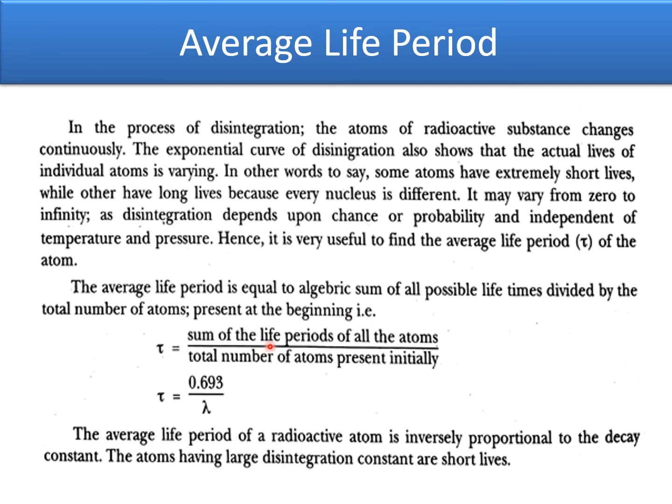Some materials have a short half-life, some have a longer life, and therefore we take the average life period as tau = sum of the life periods of all atoms divided by the total number present initially, and this is nothing but 1/λ. The average life period of the radioactive material is inversely proportional to the decay constant.